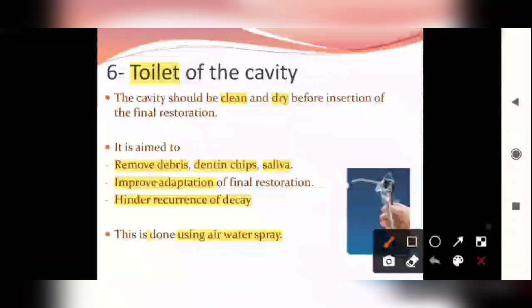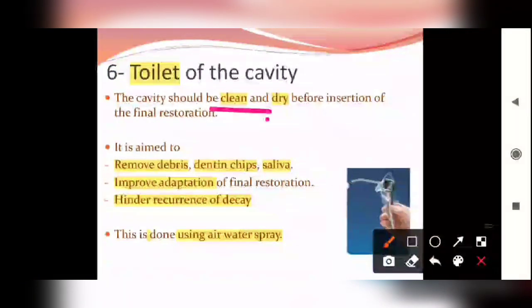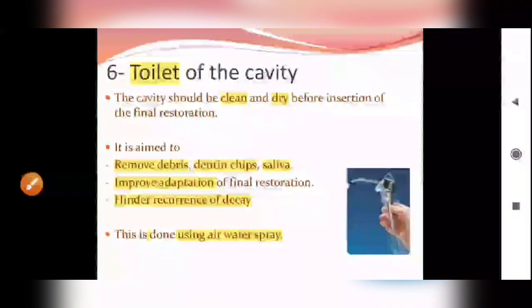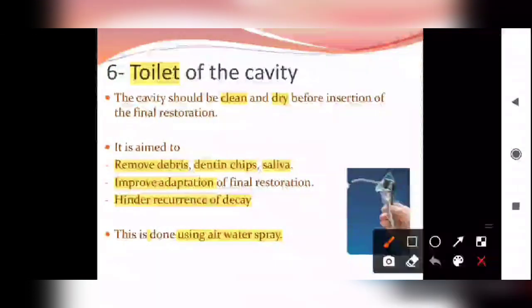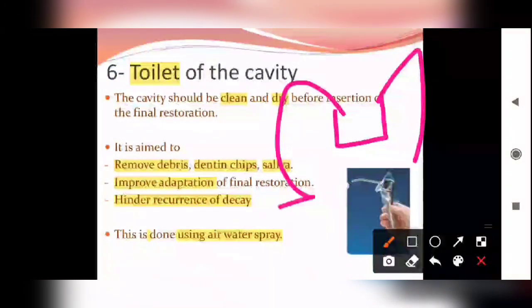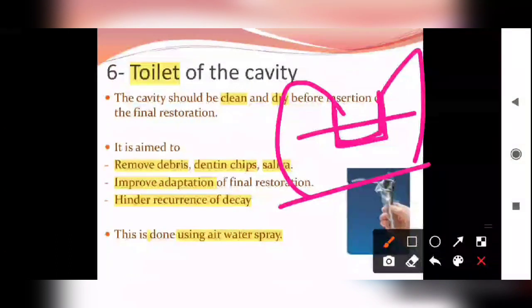So at last we have a cavity which is clean and dry, we have removed debris, dentine chips and saliva and all of that, and we have improved adaptation of the final restoration. So we have a cavity which is all done, and now we can restore the cavity after applying the base.